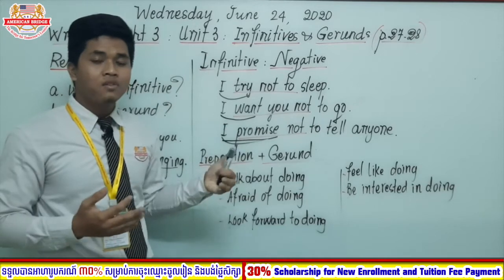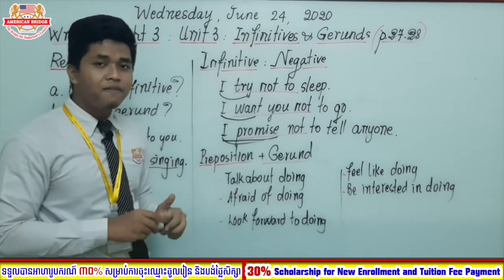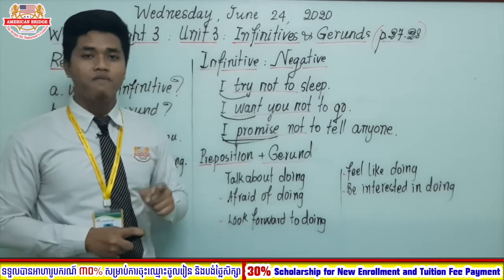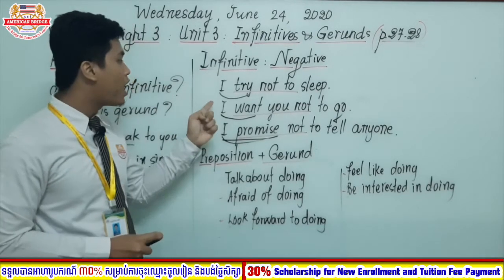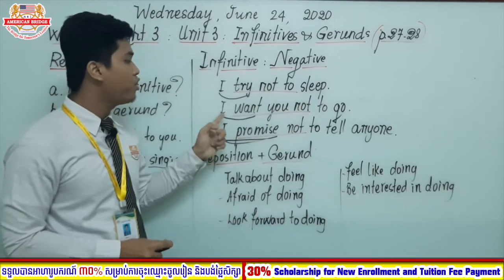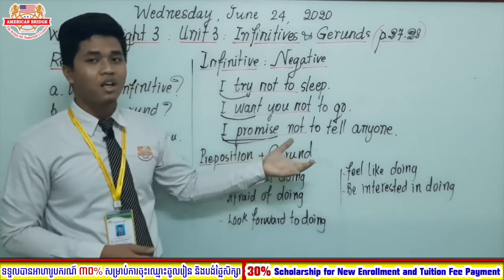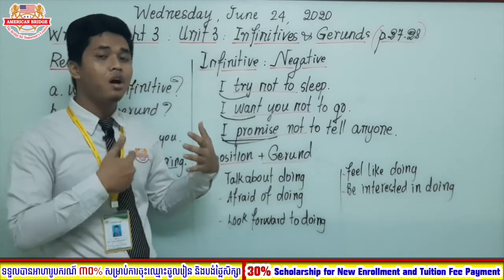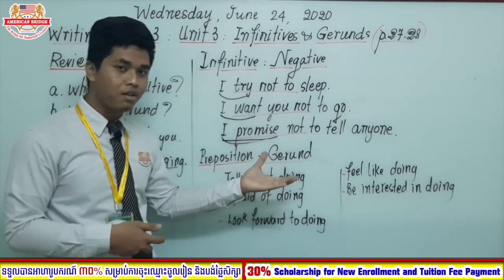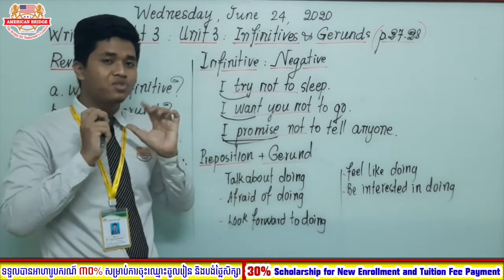Again, it is not a negative form of the sentence. If it is a negative form of the sentence, it becomes I don't try to sleep, I don't want you to go, I don't promise to tell anyone, which is the opposite of this sentence. If you say I try not to sleep, it means you try to stay awake.